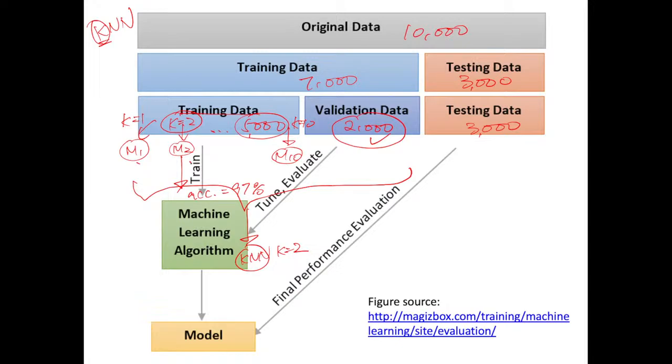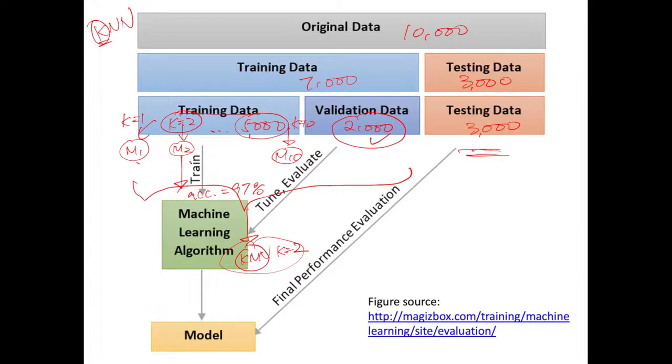And then after you build this model, you can finally, for the very first time, use the test data. You just feed the 3,000 test data into this model and see what the accuracy is. And that's a reasonable estimation.